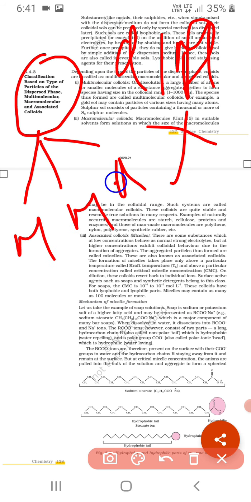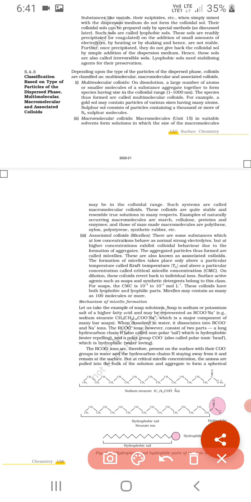We have to discuss only the particle size of the dispersed phase, right? It is classified into three main categories: multimolecular, macromolecular, and associated. We are going to discuss them one by one. I am again repeating: number one is multimolecular, second is macromolecular, and third is associated colloids, right?